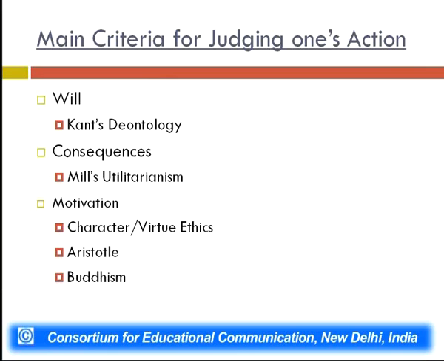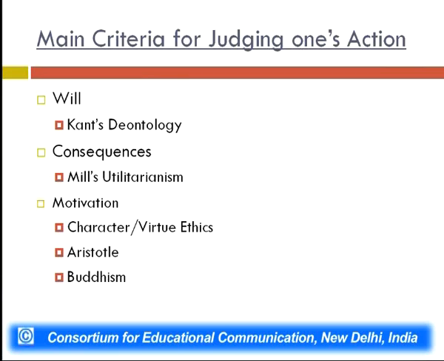Consequentialism in ethics is a view according to which we should judge one's action on the basis of the consequences of that action. According to Mill, we should judge the worth of an action according to the utility of that action in maximizing the happiness of a particular group at large.